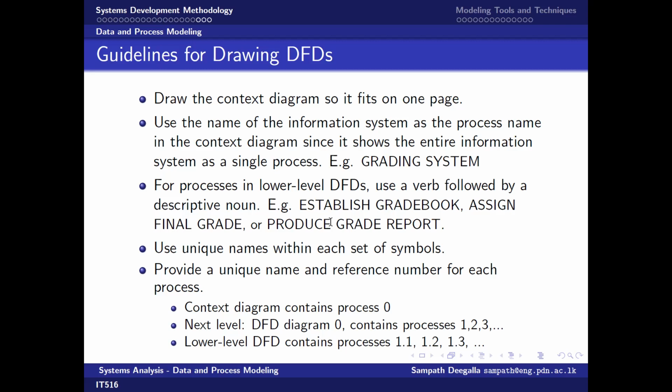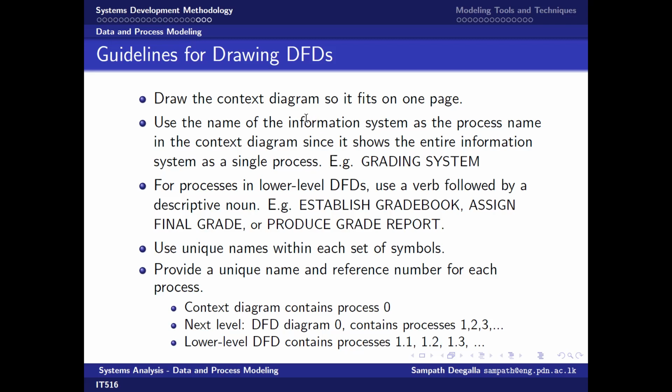The context diagram, as I told you, is at the topmost level. You usually start with process 0. When you want to go into detail on what is inside the context diagram, we call the next level diagram 0. There you will have multiple processes like 1, 2, 3. And if you go to another lower level, then you will have diagrams with 1.1, 1.2, 1.3, and so on.